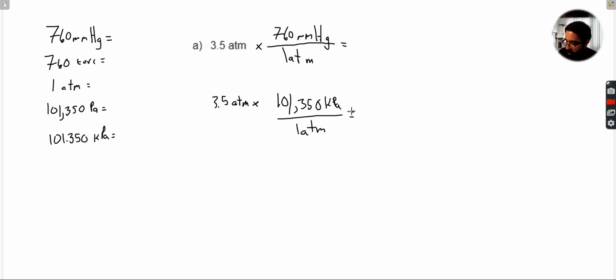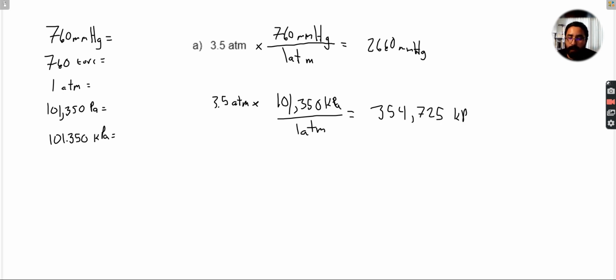Have your calculators out. Don't be like me. So we have 2,660 mmHg. So now we have millimeters of mercury. And then over here, we do 3.5 times 101,350. That gives us 354,725.